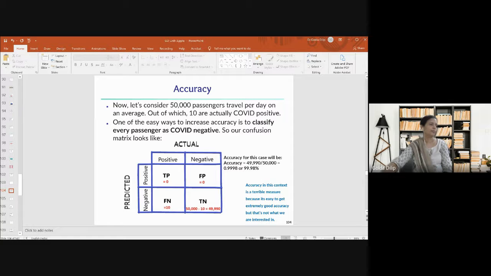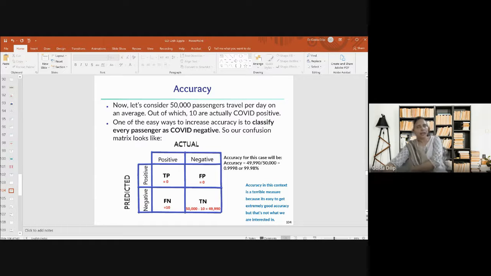So what did we do actually? We tried to increase the accuracy of the classifier by classifying every passenger as COVID negative. That's the reason why we landed up with this 99.98% accuracy.